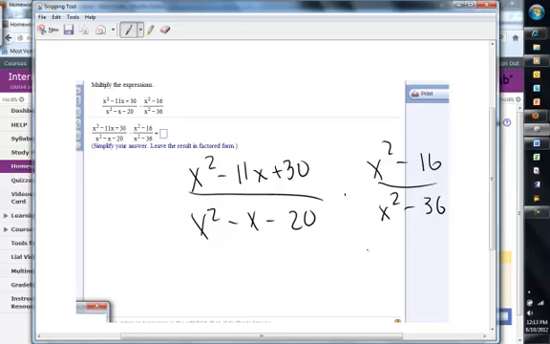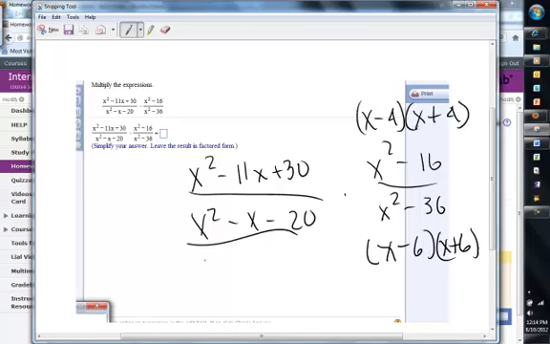I'm going to factor these two first, and I'm going to show you why. X minus 6, x plus 6, x minus 4, x plus 4. The reason is I have a hunch that this is going to have a factor of x something 4. Well, 4 times 5 is 20.